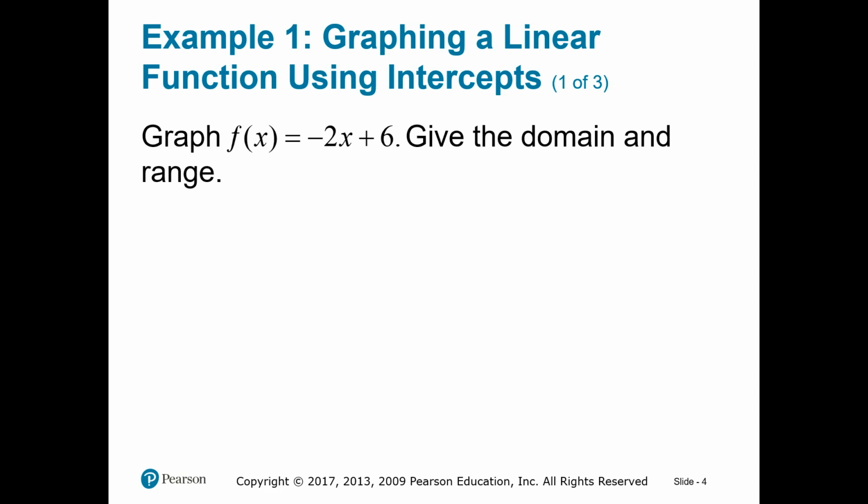Is this in the form of f(x) equal to ax plus b? Yes? What is the value of a? Negative 2. So that is not equal to 0, is that right? So now that means the domain and range must be what?